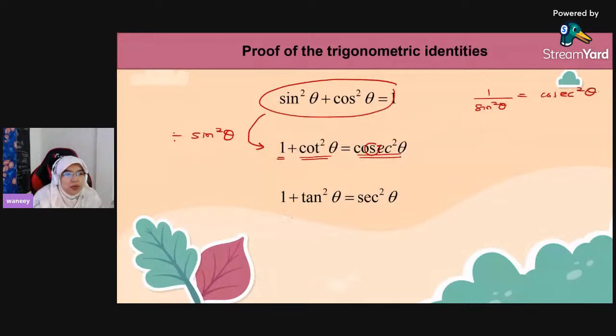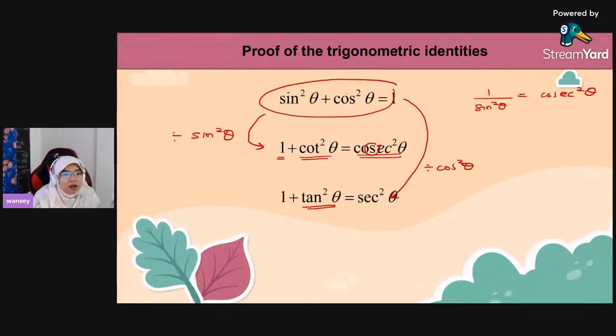How do you go from sine square theta plus cos square theta equal to 1 to the third formula, which is 1 plus tangent square theta equal to secant square theta? Just now you divided by sine square, so now you divide by cos square. Sine square over cos square gives tangent square.